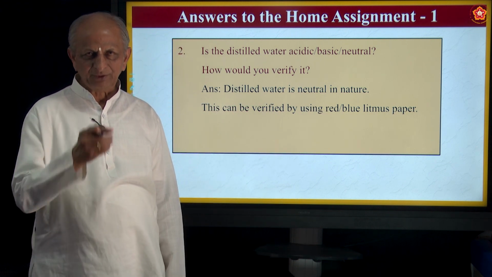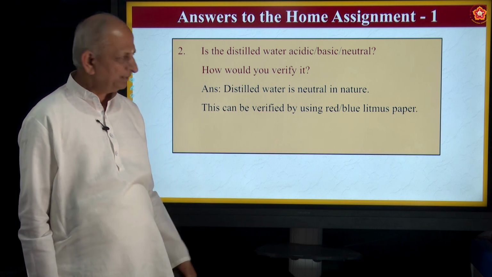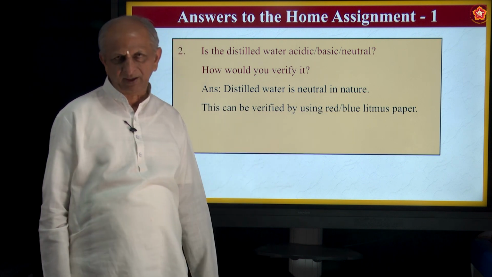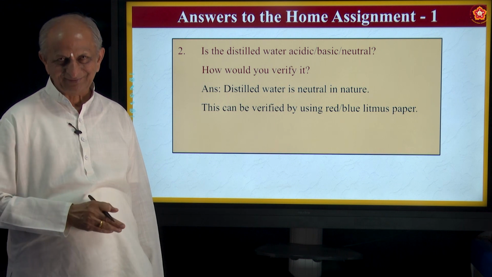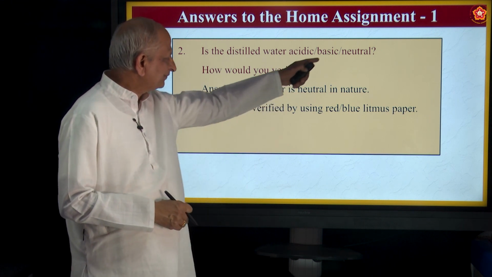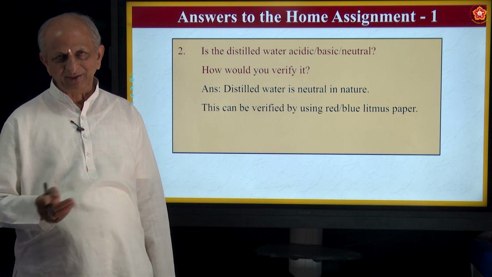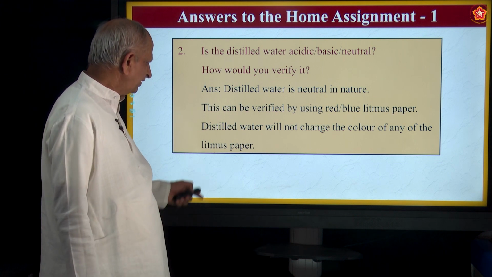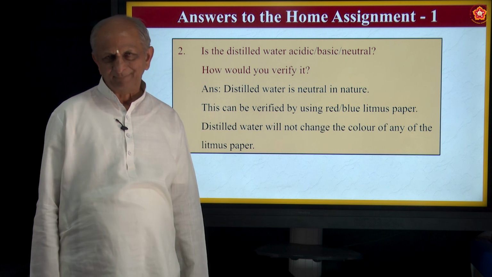If you put red litmus to your distilled water, it remains red only. Similarly, if you just immerse this blue litmus paper, it will be blue only, no change in color. What does it show? It shows that this distilled water is neither acidic nor basic in nature. So it does not change the color of the litmus paper.